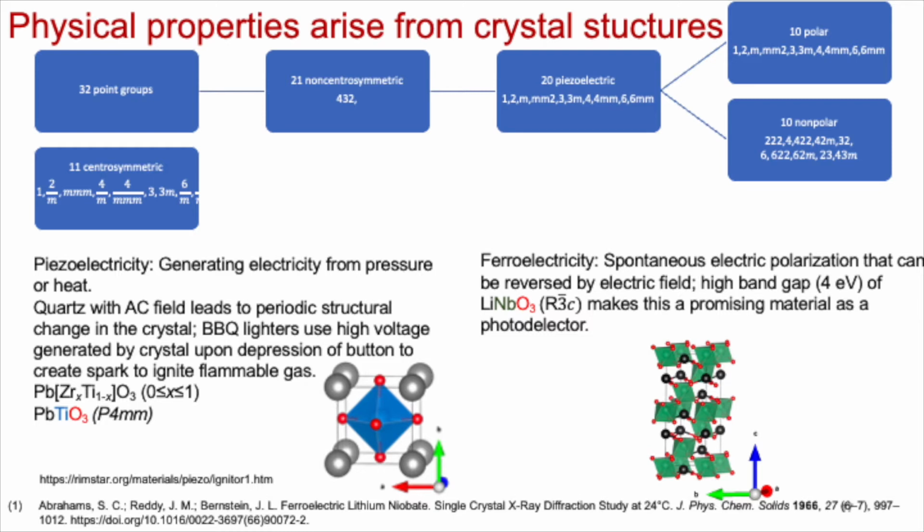Ferroelectricity is also a property that people try to take advantage of quite a bit. There are a lot of ferroelectric materials out there. It's been studied for a long time, but I chose this particular material because, for an energy storage materials class, lithium niobate is one of the most discussed materials as a coating material, right, to protect cathode materials from decomposition at the interface with the solid electrolyte.